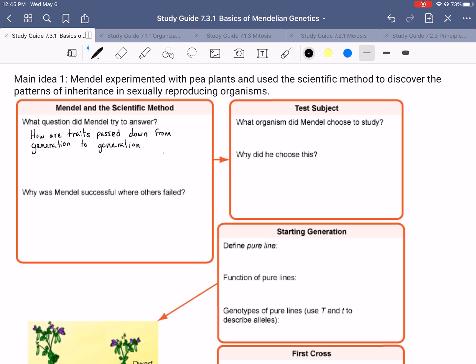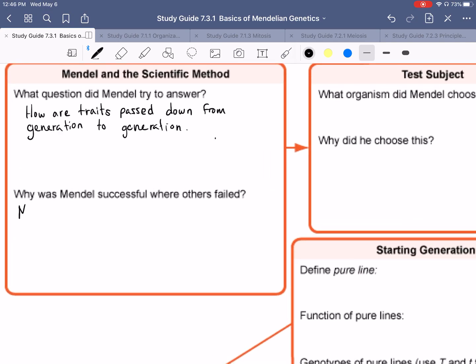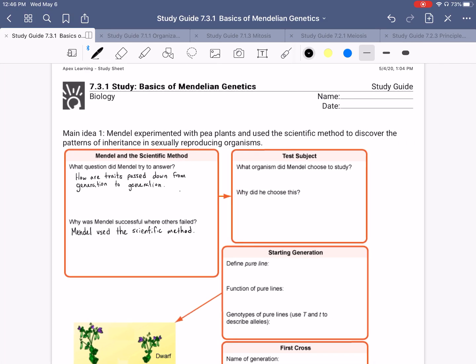So why was he successful where others failed? Well, that's because Mendel used the scientific method. He designed an experiment.